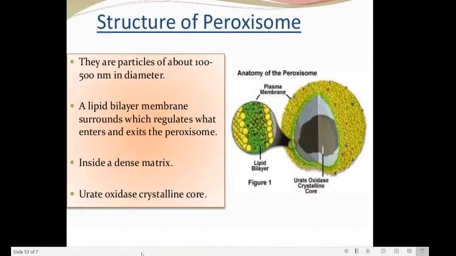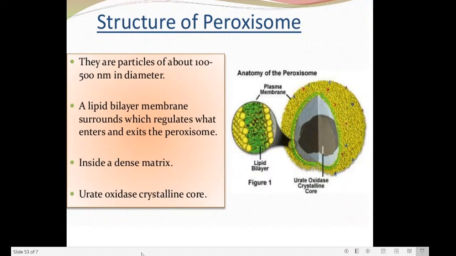Another important thing is the peroxisome, the organelle. These are particles of about 100 to 500 nanometers in diameter. A lipid bilayer surrounds it, which regulates the entry and exit of the peroxisome. Because it is made up of lipid bilayer, things can easily enter and be released. Inside is a dense matrix, with a urate oxidase crystalline core.